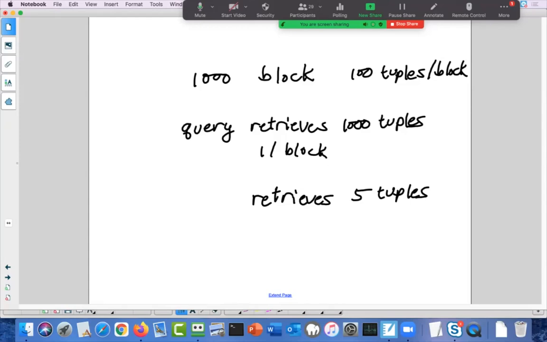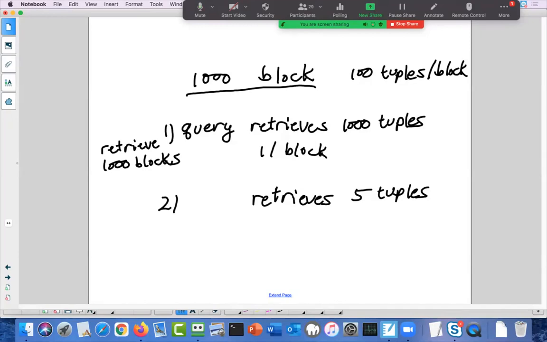So in the first case, the expectation is that we're probably going to have to retrieve all 1,000 blocks. Remember, that was the size of the relation. It took 1,000 blocks to store it. So query 1 is probably going to require us to retrieve every block in the relation.